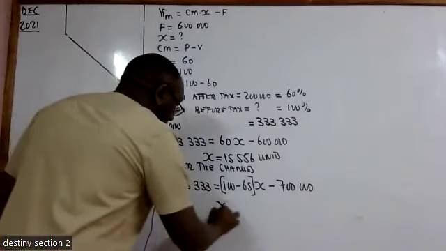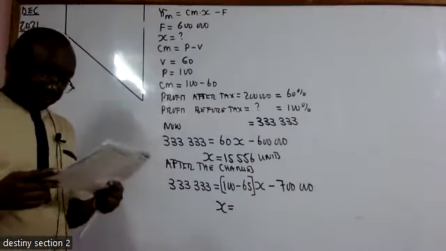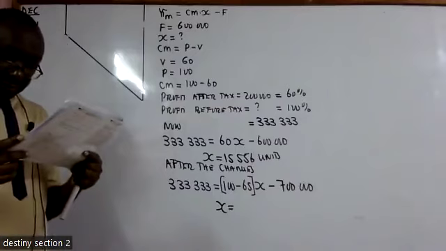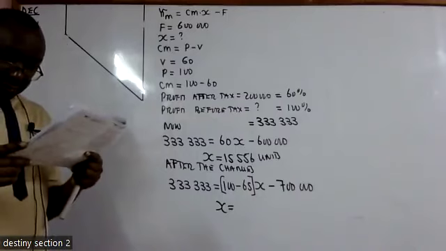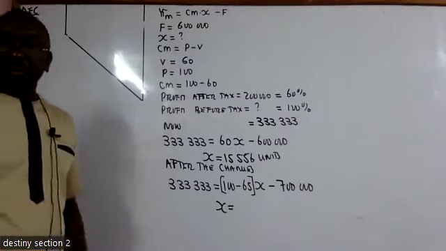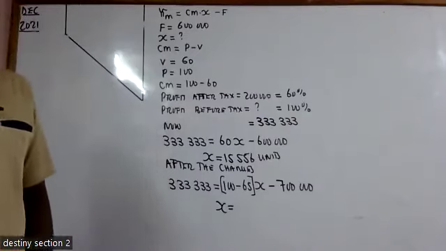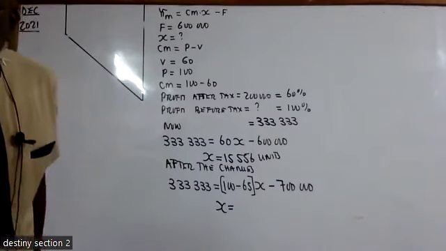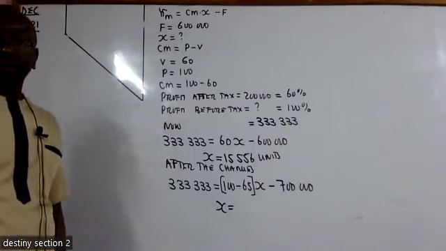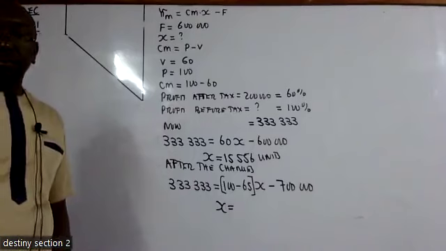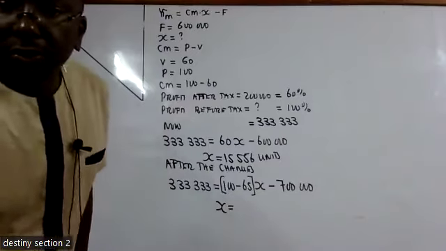So from there, tell me the value of X, the new number of units. $29,524.